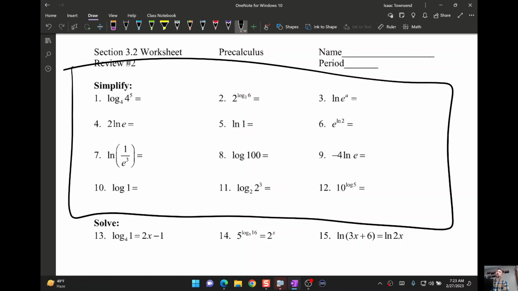Just see how you can do, because if we just talked about these and you're still missing it, then that's exactly what you need to review. So let me give you a couple minutes to fill out those 12. I will share the answers and we can go over all of them if we need to, or we'll just go over the ones that y'all need me to.